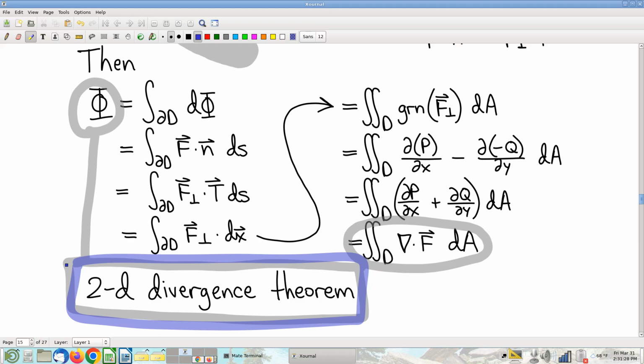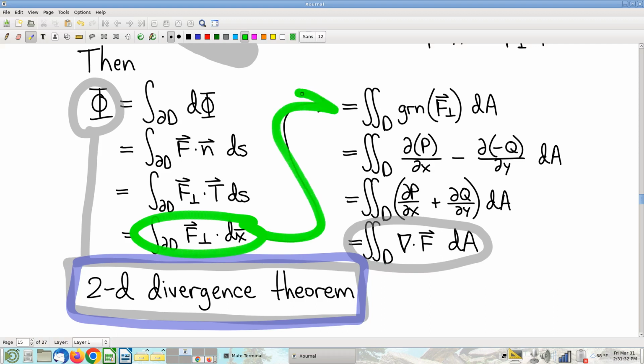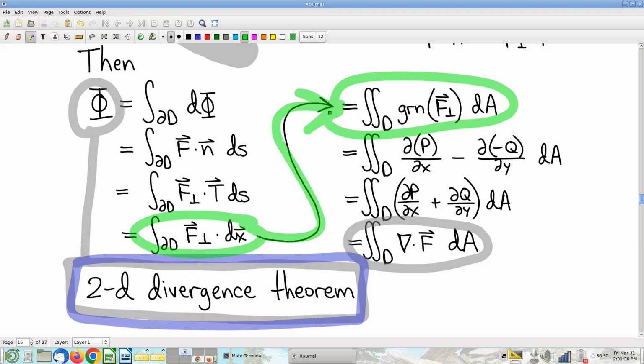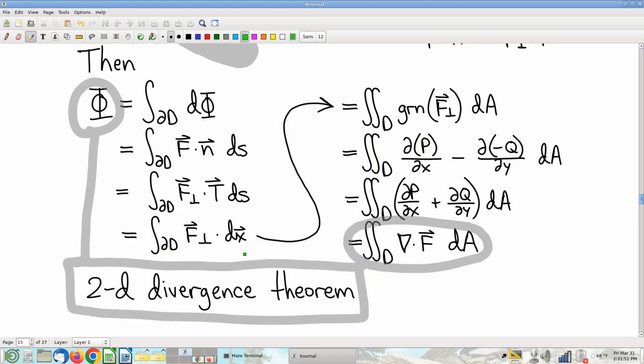But notice also, the thing that did all the heavy lifting was Green's theorem. So you can also think of this as just a twist on Green's theorem. And I think that's also a really valuable point of view. After all, this is a two-dimensional theorem, and Green's theorem is a two-dimensional theorem. So, either way is fine.